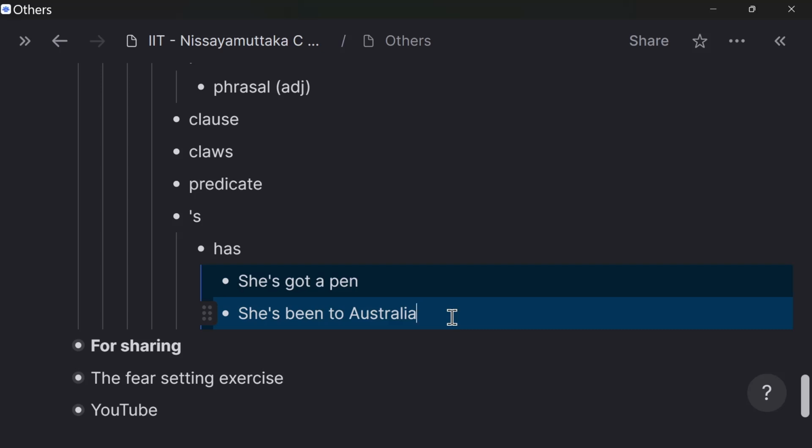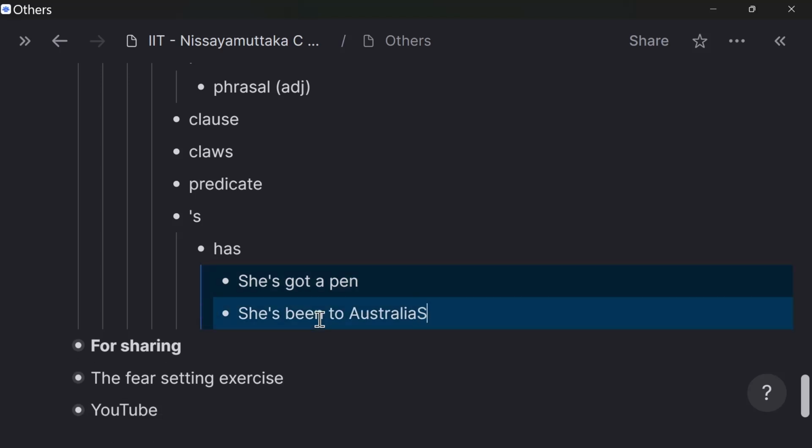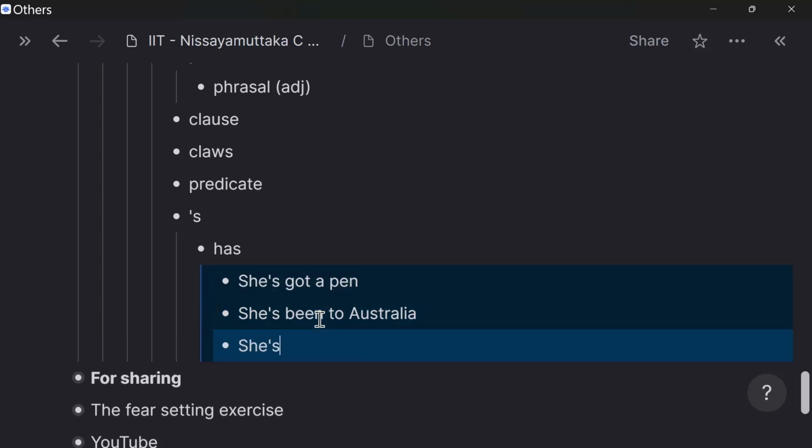You can put any other past participle, for example, she's gone to the market. She's gone means she left, she went.